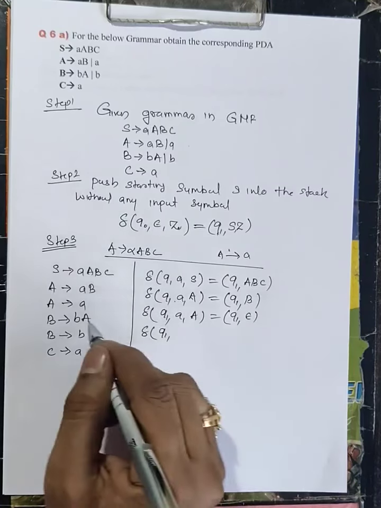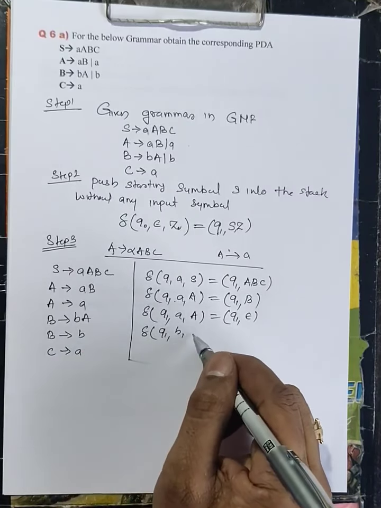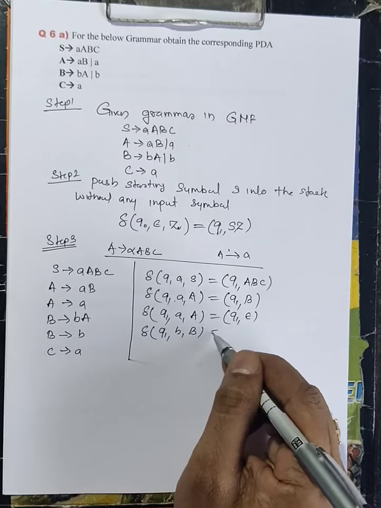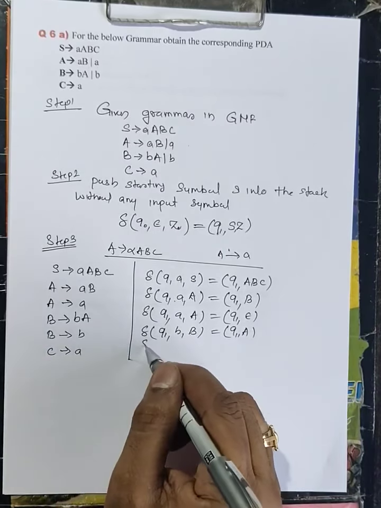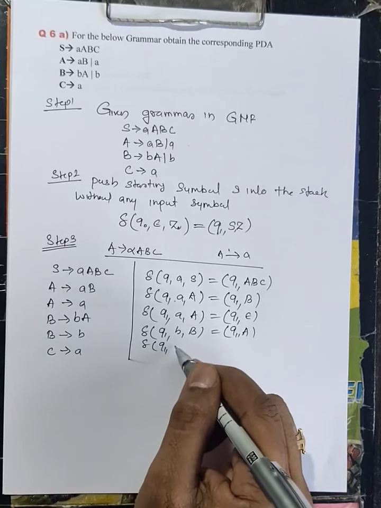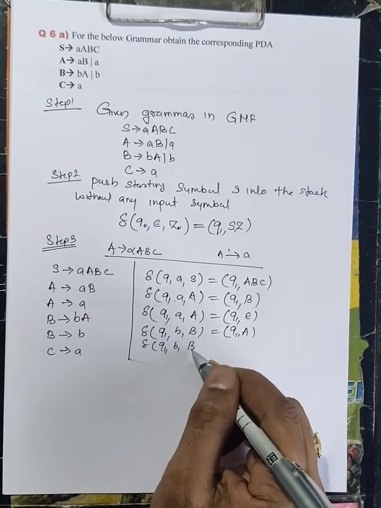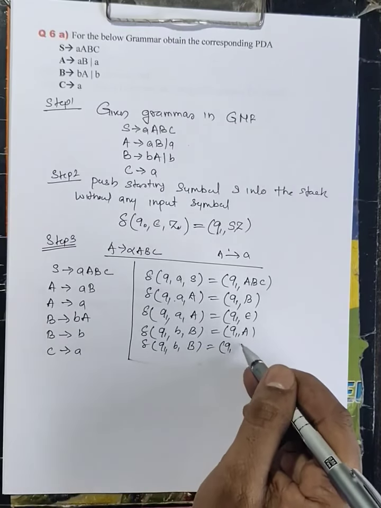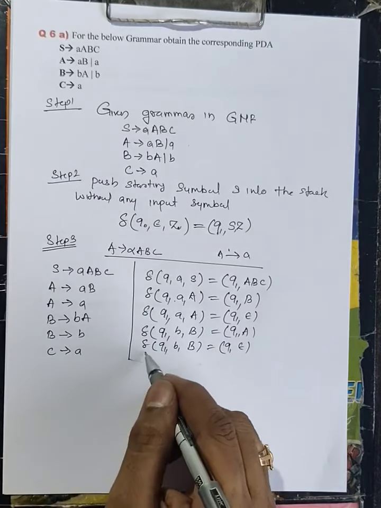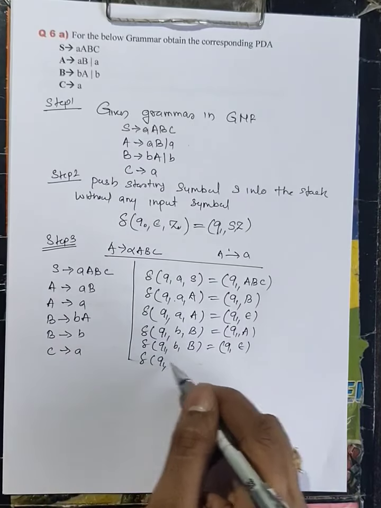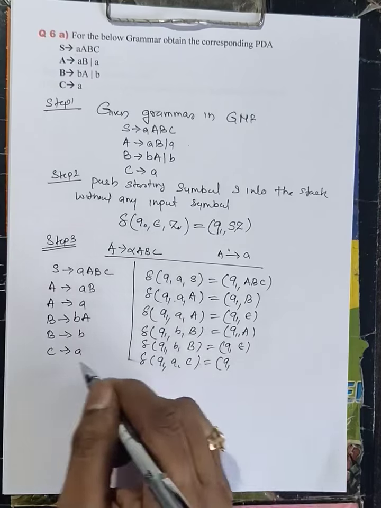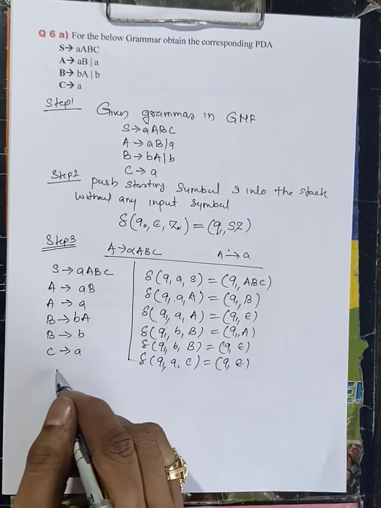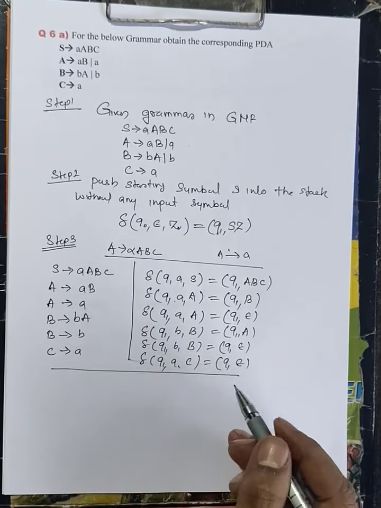Q1, input B, stack symbol B equals Q1, A. Q1, input B, stack symbol B equals Q1, nothing is there, epsilon. Last, input A, stack symbol C equals Q1, and after that nothing is there, epsilon. This is step 3.